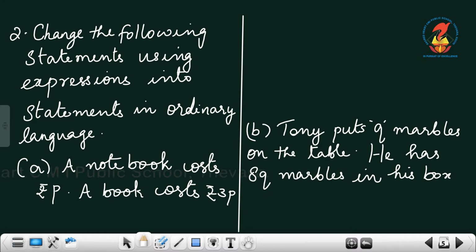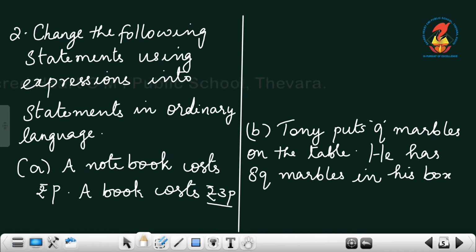Next, second question. Change the following statements using expressions into statements in ordinary language. A notebook costs rupees P and a book costs rupees 3P. You have to convert this 3P into a sentence.